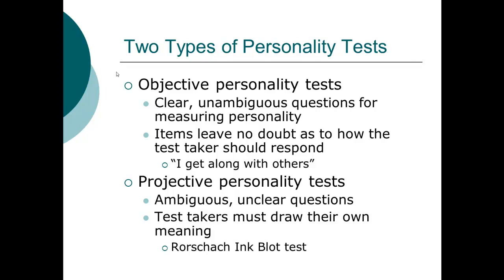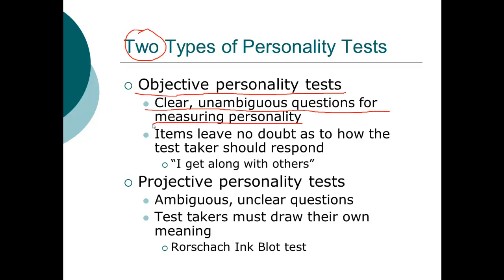Now, there are basically 2 types of personality tests. The first is an objective personality test. Basically, you're asking somebody some questions and they're going to give you some kind of response. There are clear, unambiguous questions for measuring personality.